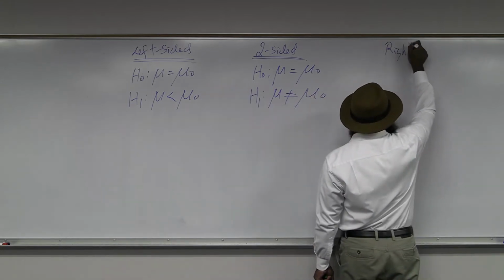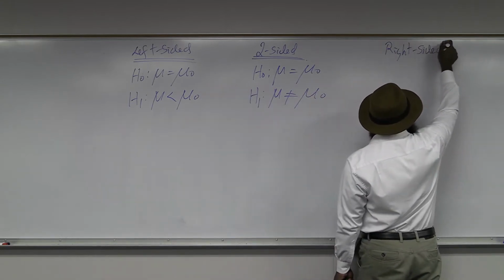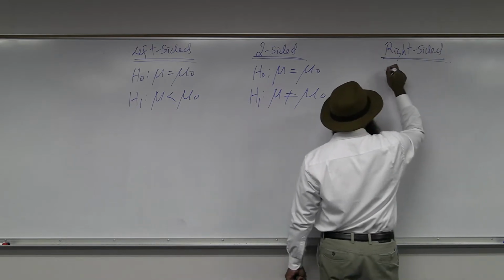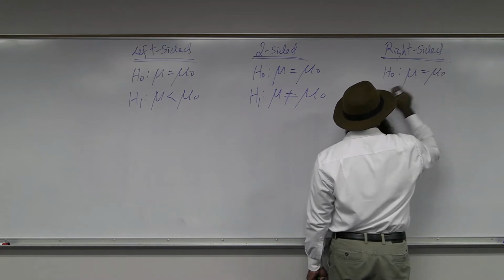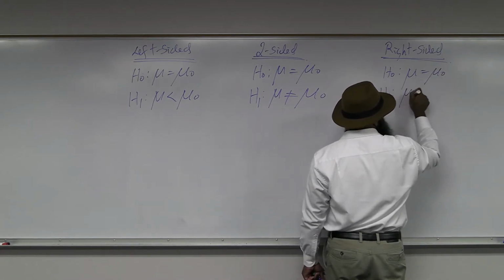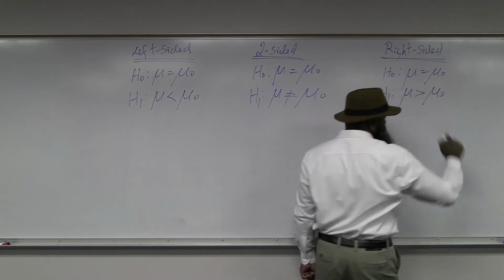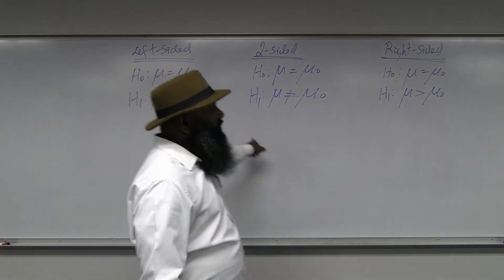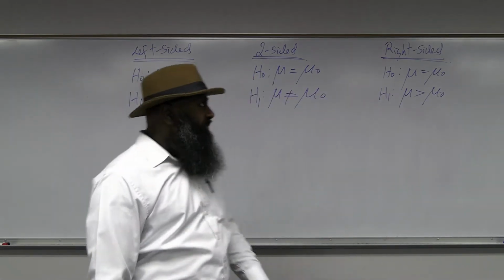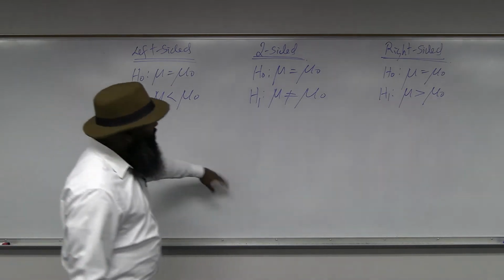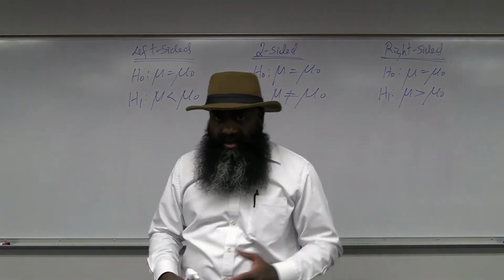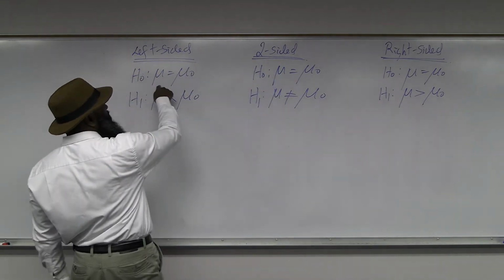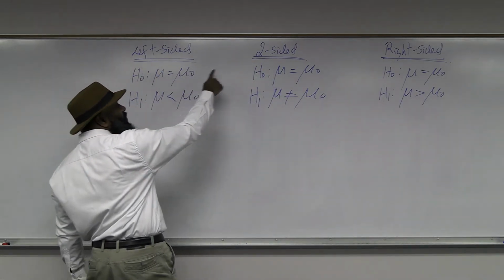And a right-sided test can be written as your null hypothesis is mu is equal to mu 0, alternative hypothesis is mu is greater than mu 0. Alright, so these are the 3 forms of hypothesis we have. We have left-sided tests, we have two-sided tests, and we have right-sided tests. For all 3 tests, we have the same null hypothesis of the form mu is equal to mu 0.